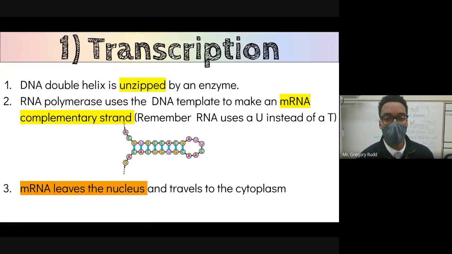Should sound familiar because we talked about DNA polymerase yesterday. But RNA polymerase uses the DNA template to make an mRNA complementary strand. And then the mRNA is going to leave the nucleus and travel into the cytoplasm.